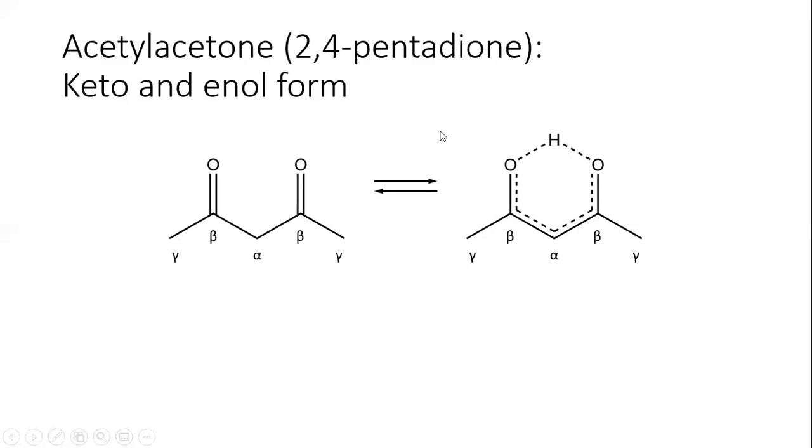All right. So now, with all of this information, we can start thinking about assigning peaks on the NMR spectrum. The first step in interpreting NMR spectra is to recognize the different groups of protons that exist in the molecule.